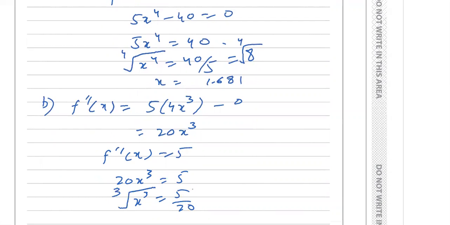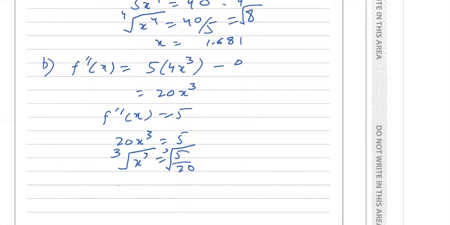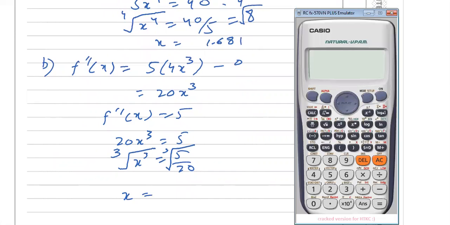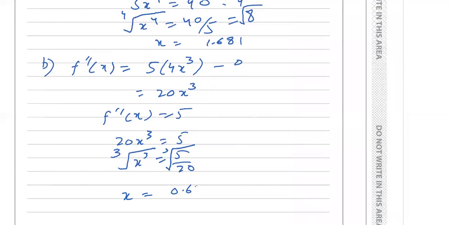Take the cube root on both sides. We will get x equals the cube root of 5 over 20, which gives 0.6299, which I can write as 0.630.